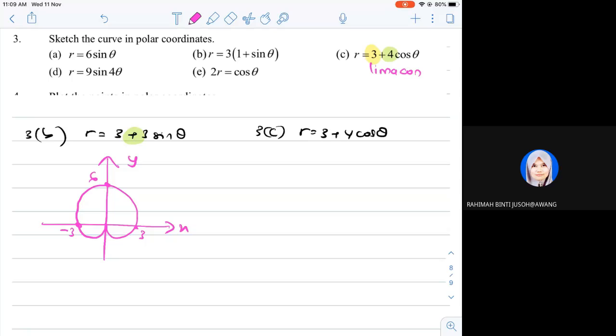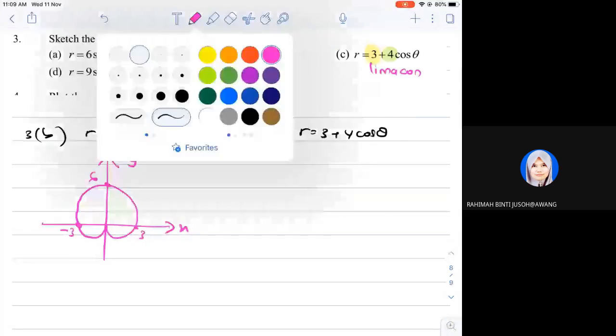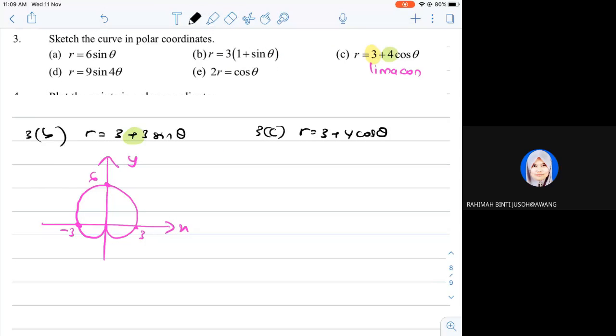So what to do is, we have to substitute theta when theta equals to pi. Okay, theta equals to pi, r equals to 3 plus 4 cos pi. So r equals to 3 plus 4 cos pi is negative 1. So we will get radius equals to 3 minus 4 is negative 1.